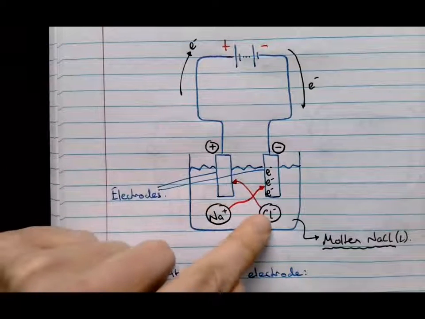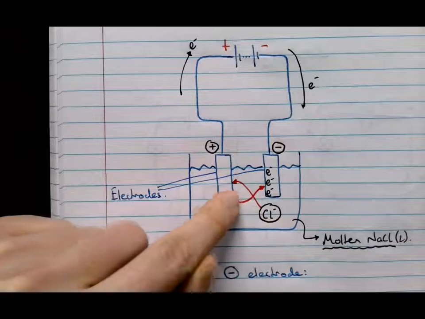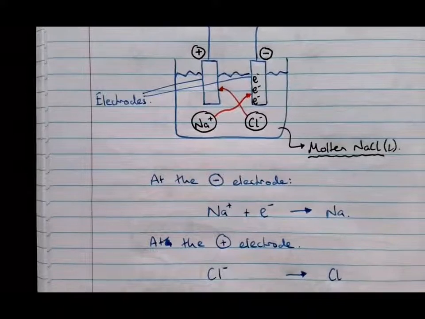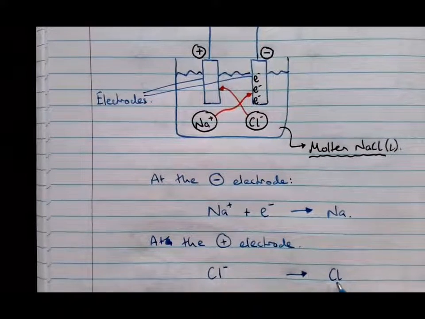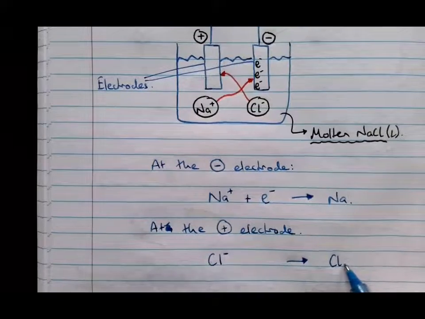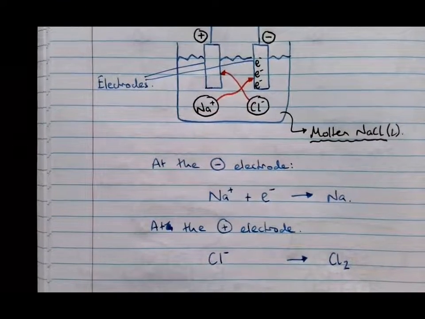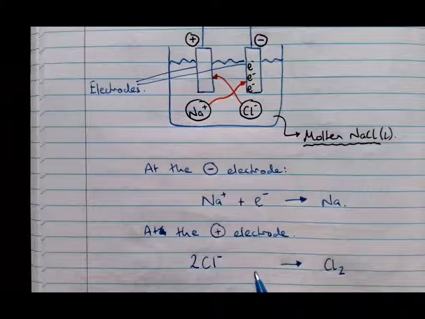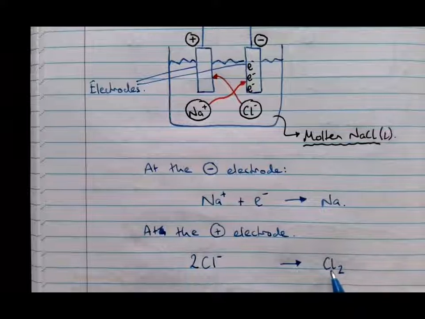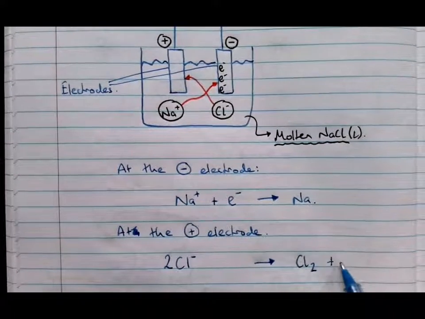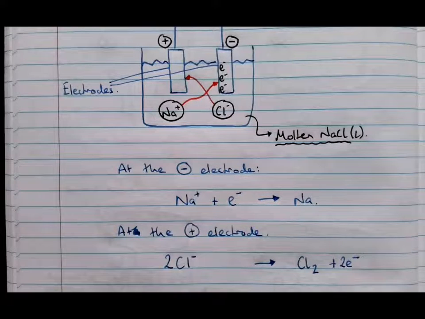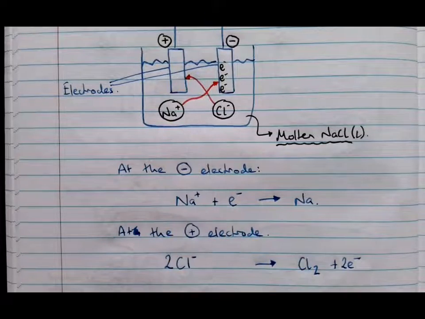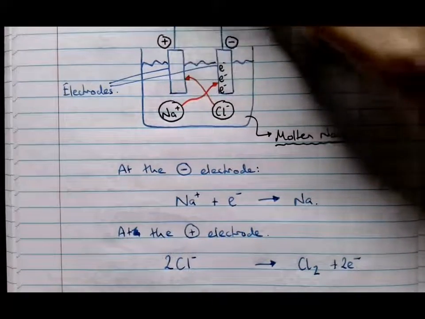So the electrode is going to take the negative electron off chlorine. And when that happens, the negative electron is removed from chlorine. However, we know that we can't just have chlorine by itself. We have to have Cl2, which means that I must have 2 chloride ions, and they are losing their electrons. So the chloride ion comes over here and it loses its electron, and the electron goes into the circuit.